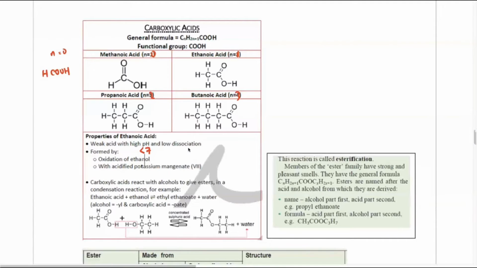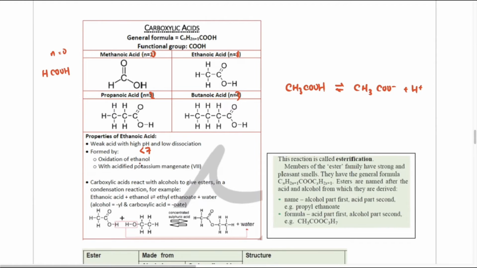Let's say ethanoic acid, CH3COOH, dissociates partially. We use this symbol, showing that reverse reactions can happen. Some of them change to ions, some of them remain as molecules. So that's why we use a reversible reaction to show partial dissociation.